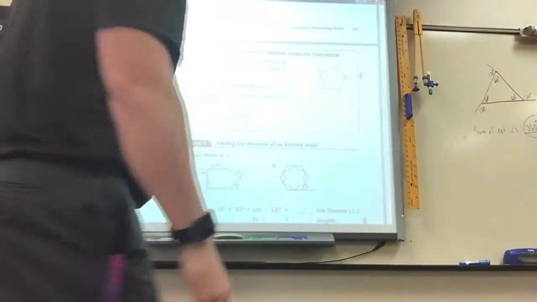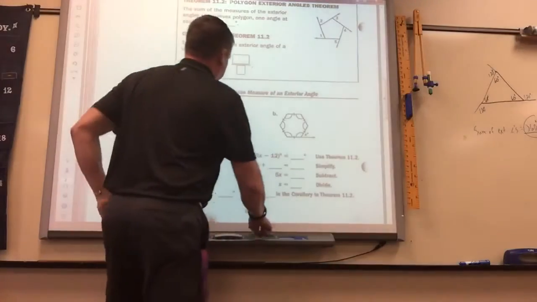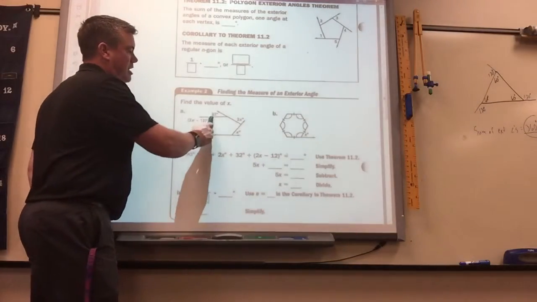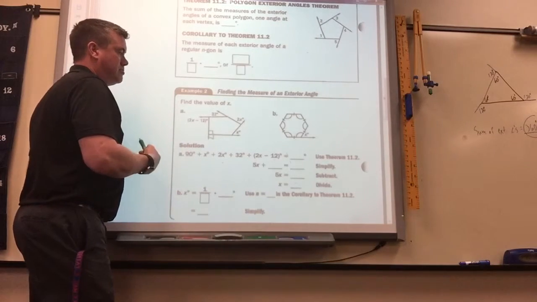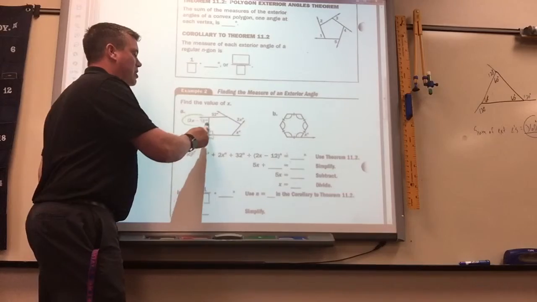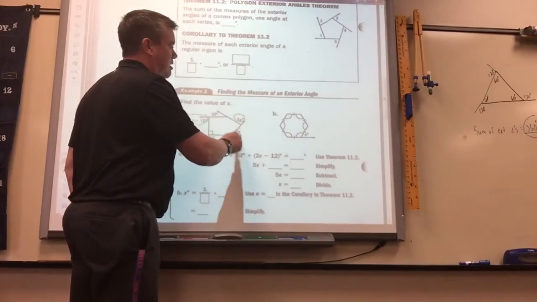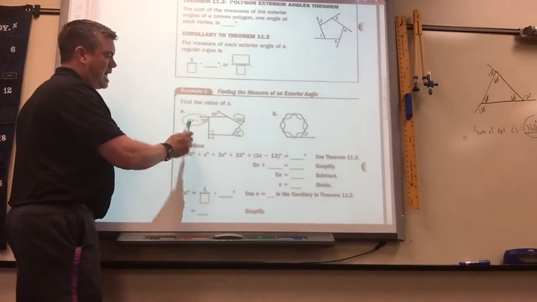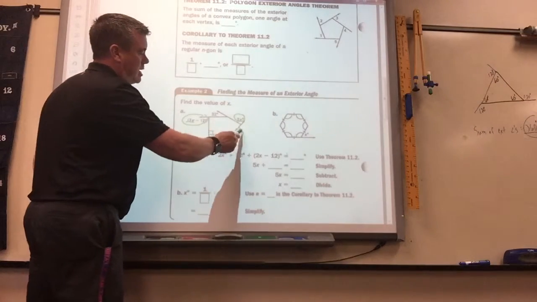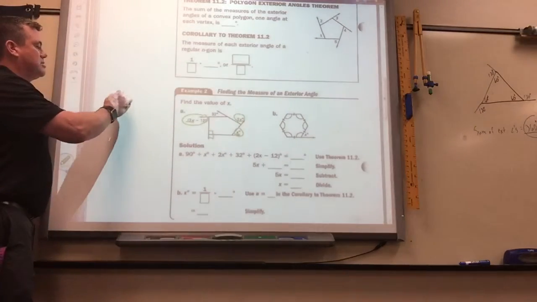So, in this picture, these are all exterior angles. And even though this isn't labeled, there's one right there too. So, since it's more than just an x, you've got to write an equation to solve it. So we got to add all these up. Add the x's. There's a 2x, a 2x, and an x makes 5 x's.